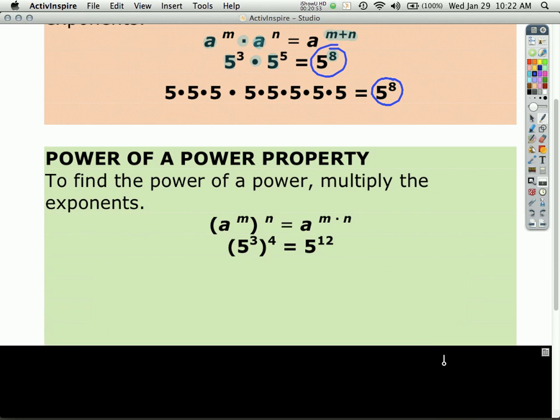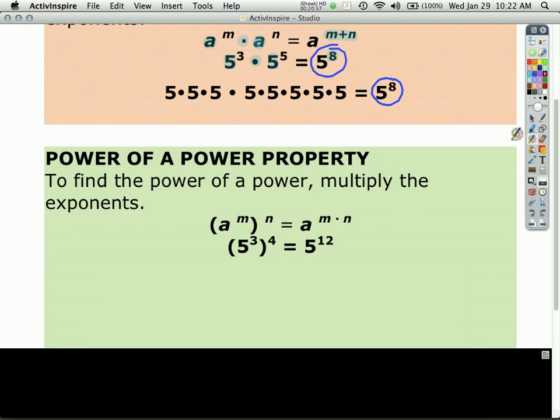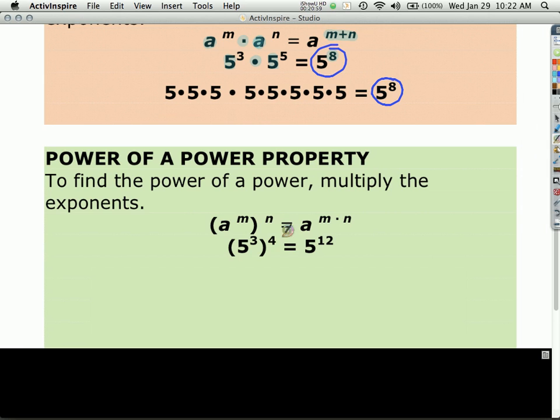Well, this exponent here means do this 4 times. So here's what that looks like. Means do that 4 times. That's what this exponent tells us to do.